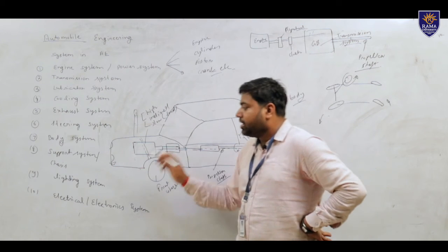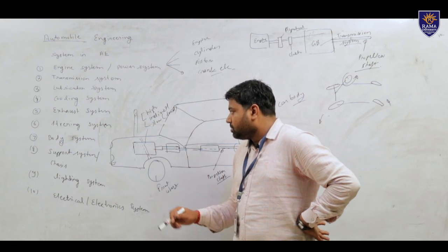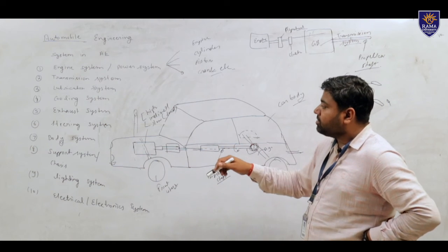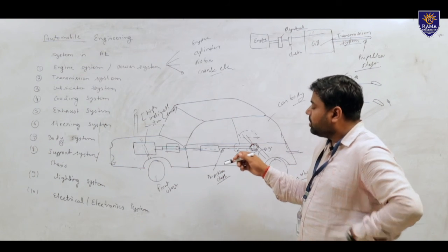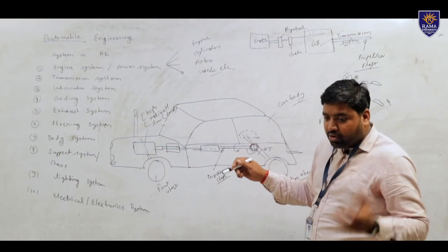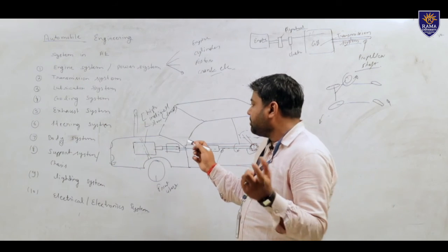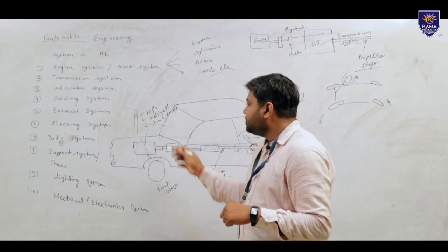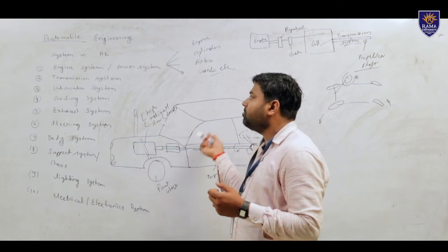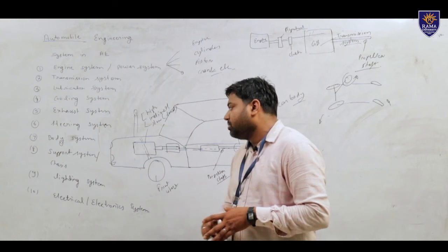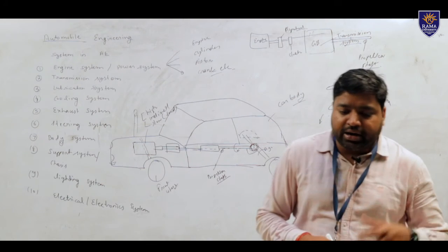But the electronic system includes the lighting system along with sensors and different control parts like the driving panel, speedometer, gauges, and sensors such as the engine sensor and cooling sensor.